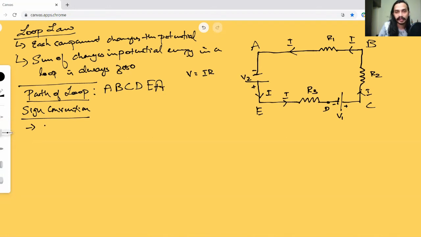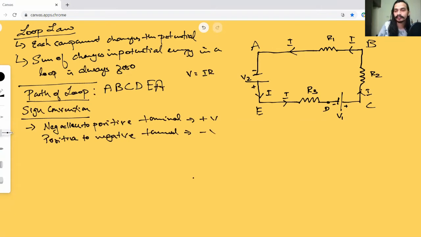When we talk about the battery, if your path is from the negative to the positive terminal, you'll take it as positive voltage. And the opposite: if you're going from the positive to the negative terminal, I'll take it as negative voltage.